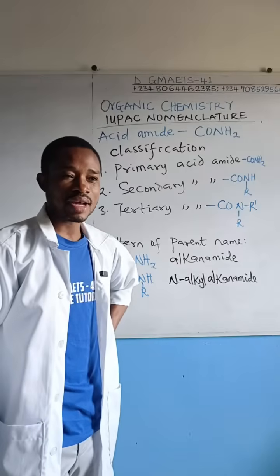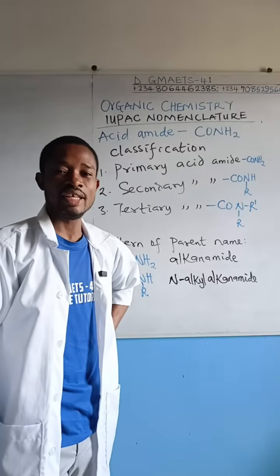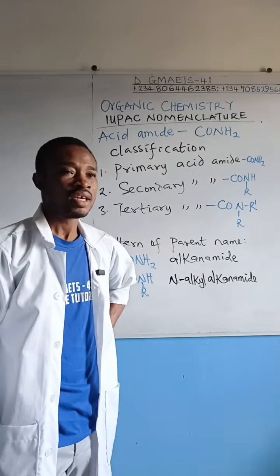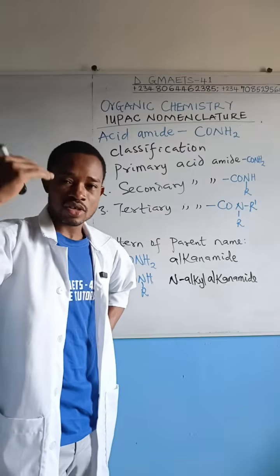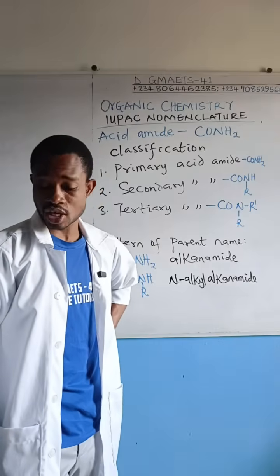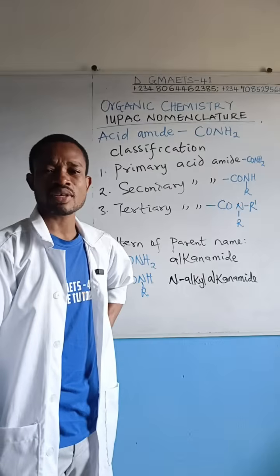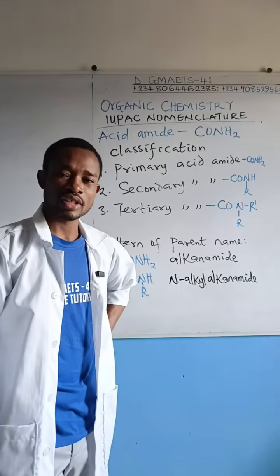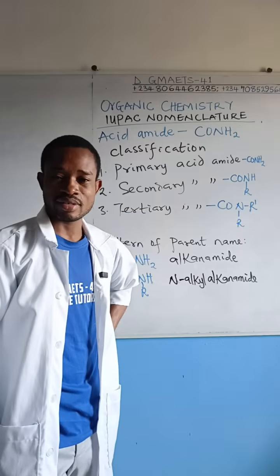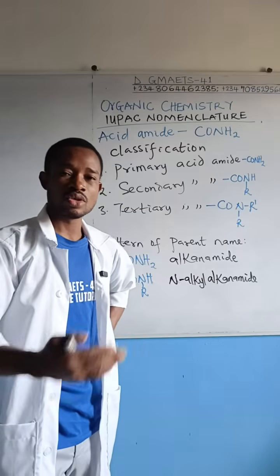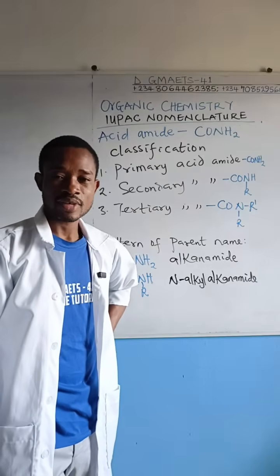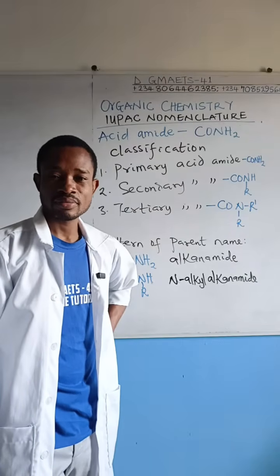GMAT still goes further to say we can't leave our basic level of learning aside, because the challenges that senior and advanced level students face are most times traceable to basic level of learning. So of all these levels, GMAT 41 is giving its best to ensure that we continue to assist you to understand the things you're doing in school. I think I deserve the best, right?